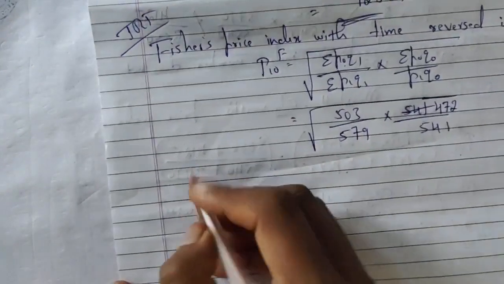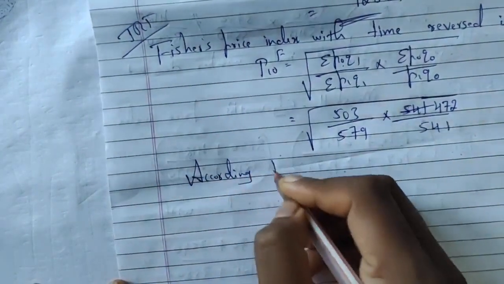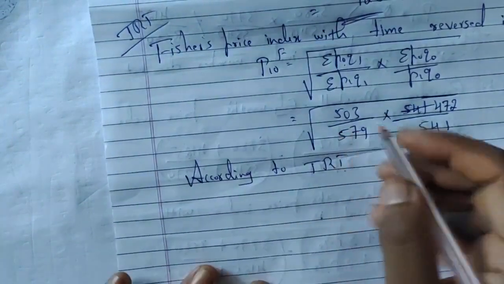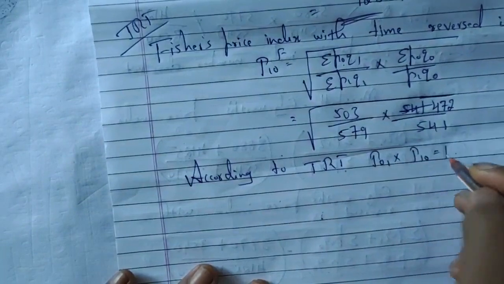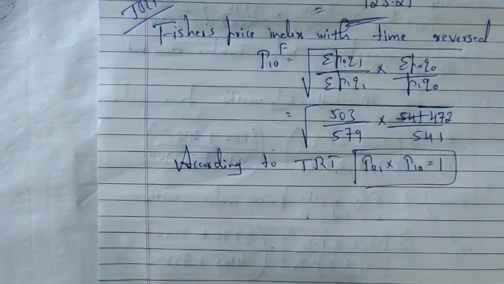Now, according to TRT, so what is the condition? P01 into P10 equal to 1. Okay.